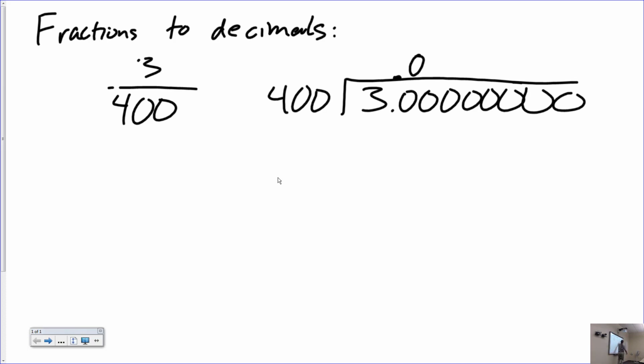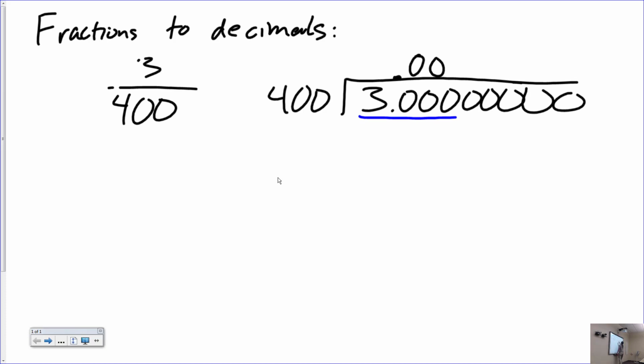Can 400 go into 300? You need another zero, okay? Now that you've gotten rid of the first two zeros, or essentially made it past this stage, now we're looking at how many times does 400 go into 3,000? 7.